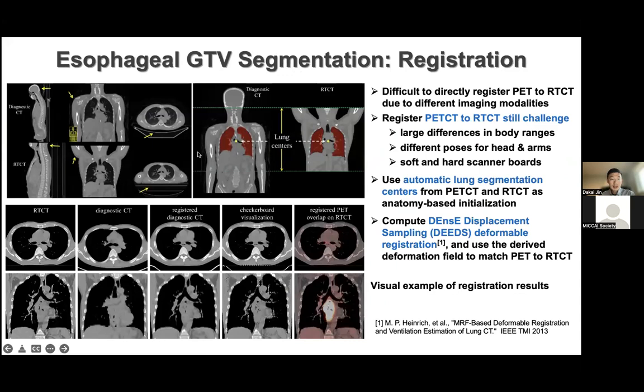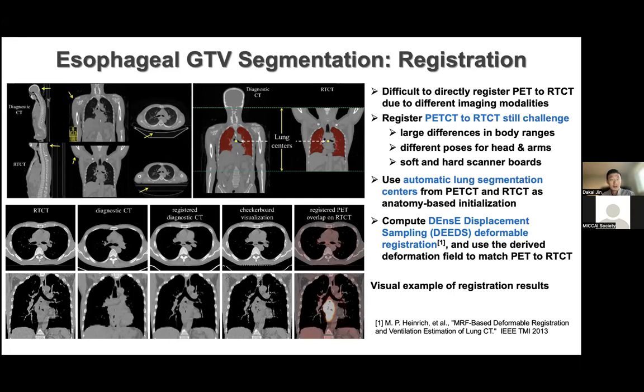So there's one step that tries to register the PET to the RT-CT. For this step, directly registering the PET to RT-CT is very challenging because PET and CT are completely different imaging modalities. One is structural, one is functional.